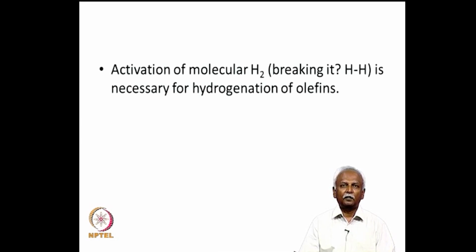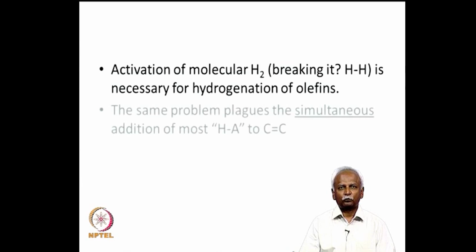We looked already at the addition of molecular hydrogen, and we went through the argument as to why addition of hydrogen to olefins is not a process which can happen easily at room temperature and pressure, and why a catalyst is necessary.